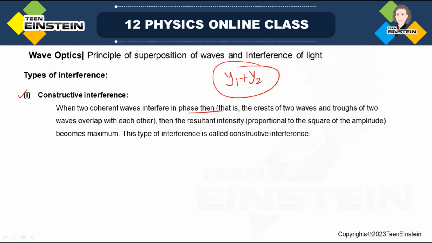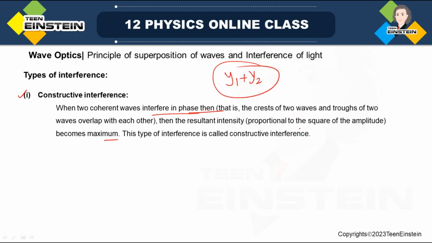Constructive interference: when they meet or interfere in phase, the resultant intensity becomes maximum. Intensity is directly proportional to amplitude. So when two coherent waves interfere in phase, the resultant intensity becomes maximum.